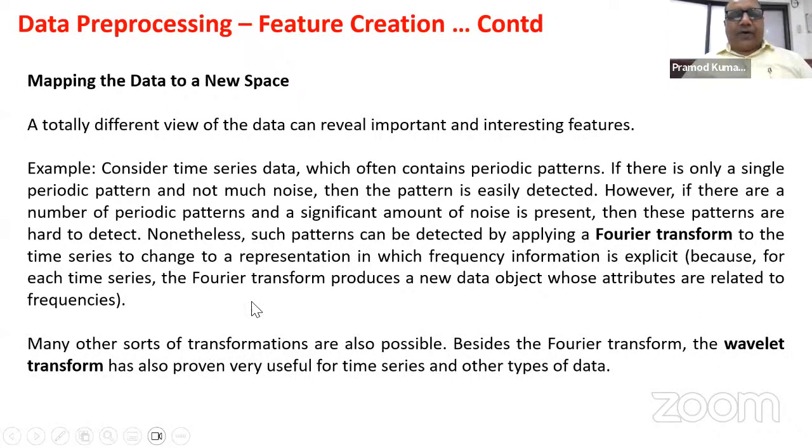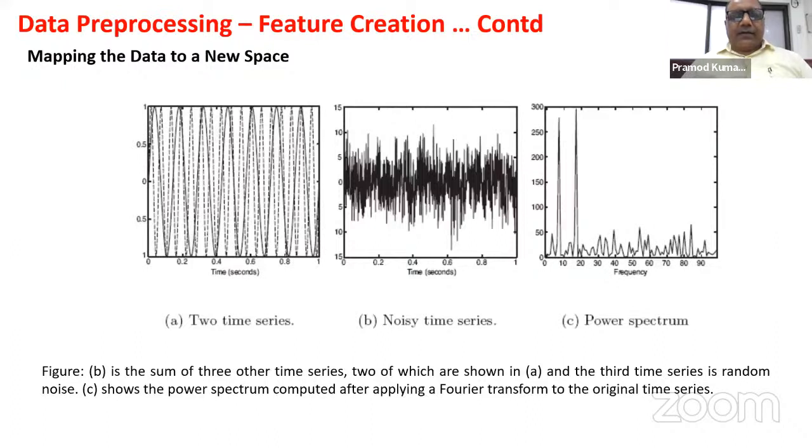The Fourier transform is applied to the time series to change it to a representation in which the frequency information is explicit, because for each time series the Fourier transform produces a new data object whose attributes are related to the frequencies. So let us see it with the example to be more clear.